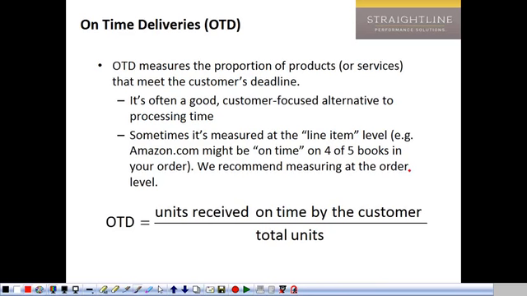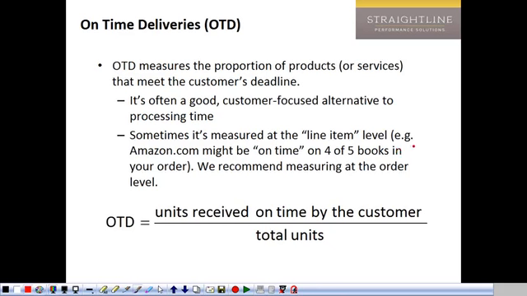So if we look at on-time deliveries, generally speaking, over whatever time unit we're looking at, say a day or a month, we're looking at the total units received on time by the customer, divided by the total units that were actually shipped. Now, just to mention this, sometimes it's measured at the line item level.